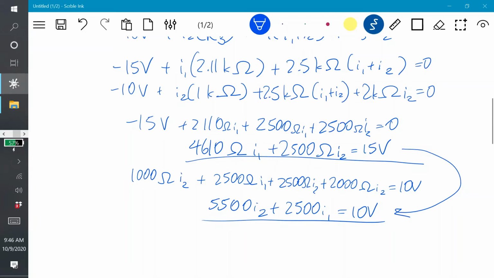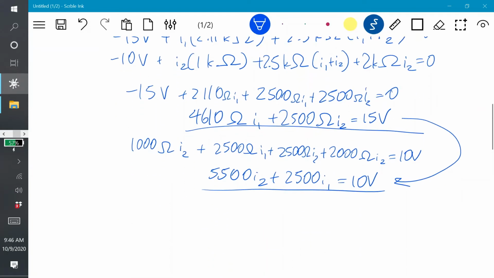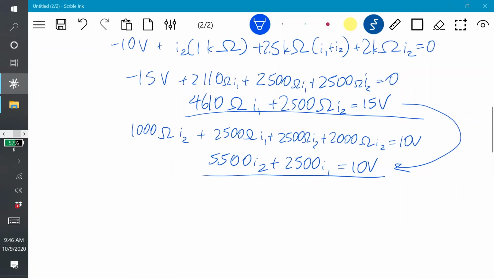Just going back here to check that my work is correct. 1000. Yes, okay, everything looks good. So I'll write this in terms of I1. This equation becomes I1 is equal to 10 volts minus 5500 I2 over 2500 ohms, sorry, not 2500 I1, just 2500 ohms.